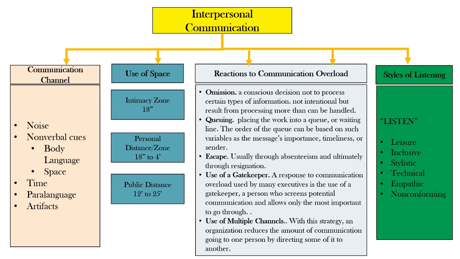We have the intimacy zone, the personal distance zone, the public distance zone. In the intimacy zone, it extends from physical contact to 18 inches away from a person and is usually reserved for close relationships such as dates, spouses, and family. When this zone is entered by strangers in crowded elevators and the like, we generally feel uncomfortable and nervous.